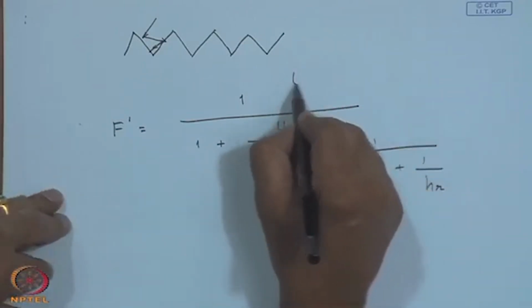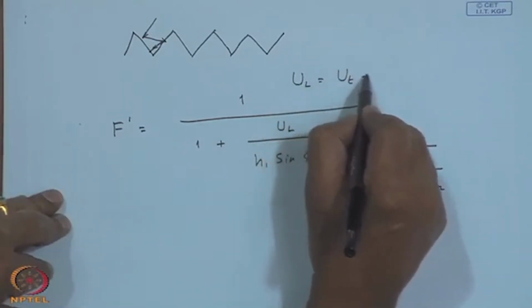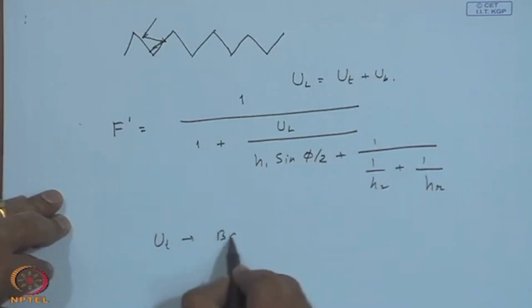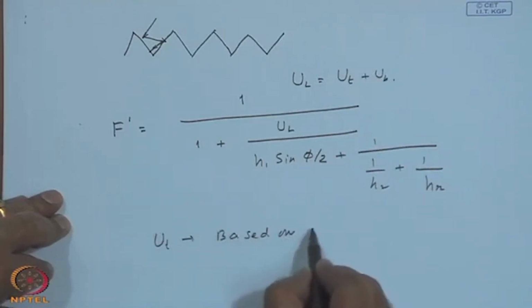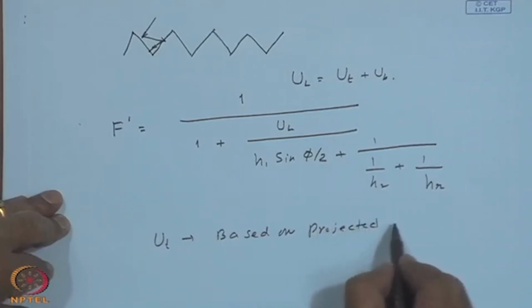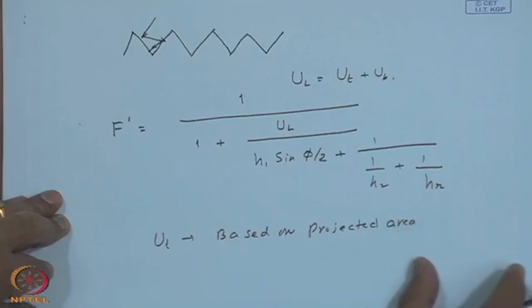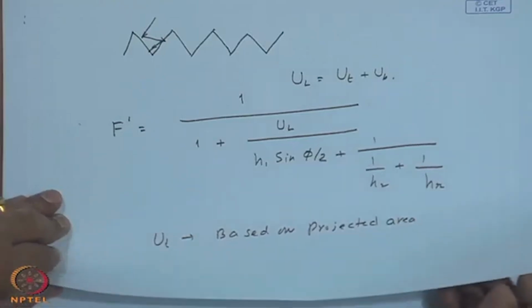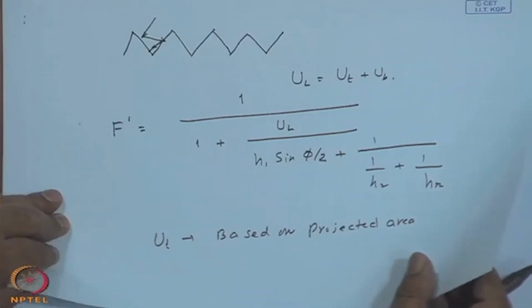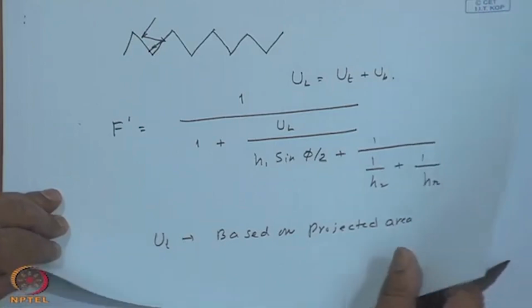So, of course, U L equal to U t plus U b, and U t is based on projected area. In other words, as if it is a plane sheet, because if you take the area of the corrugated sheet, that will be larger than the plane sheet. Whereas the other losses will be taking place, H 2 particularly, and U b will be from the area which is just that of a plane sheet. So, everything is based upon the projected area.